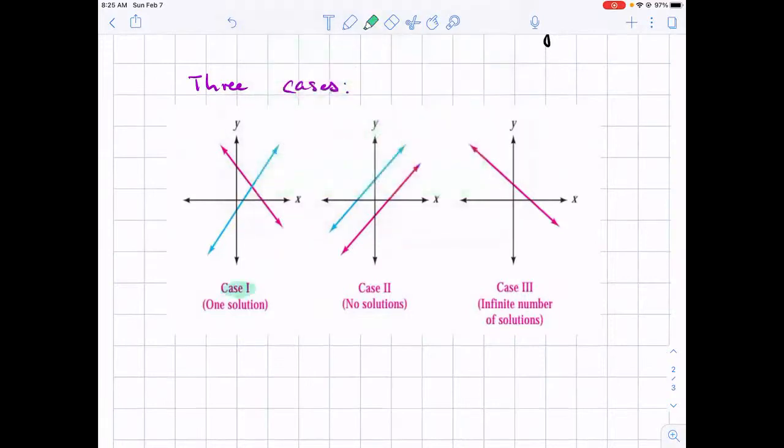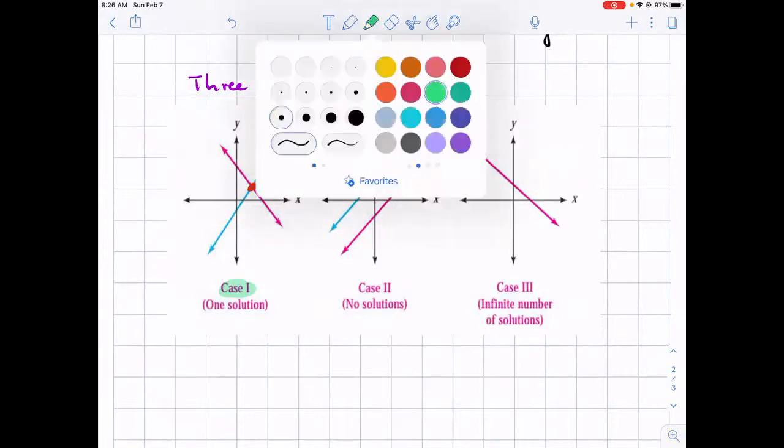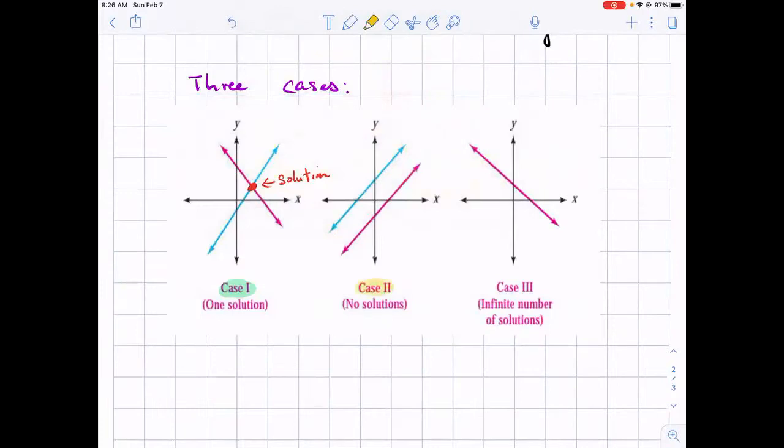Case number 1, here would be your solution. The point of intersection is the solution. In case number 2, there is no point of intersection, so there's no solution.